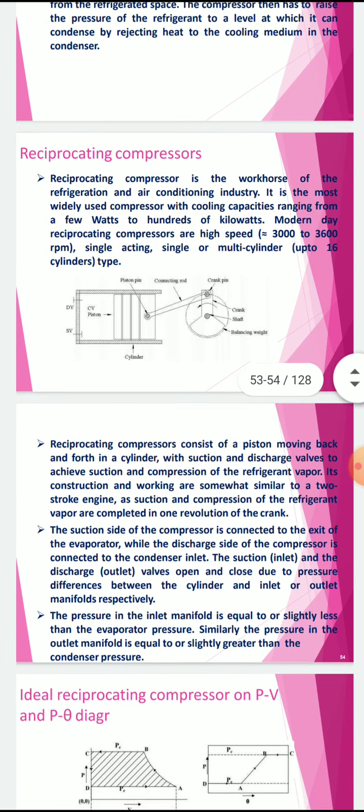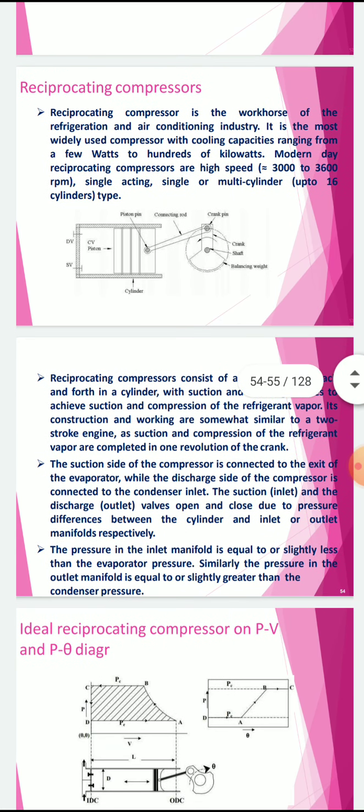Now, that is a reciprocating compressor, and it consists of a piston moving back and forth in the cylinder with suction and discharge valves to achieve suction and compression of the refrigerant vapor.